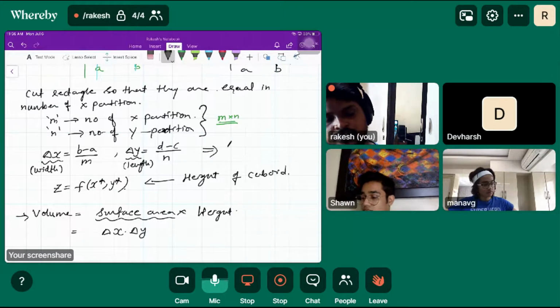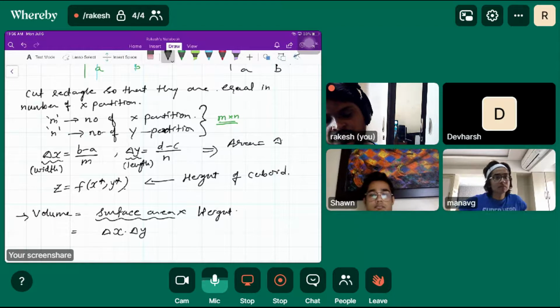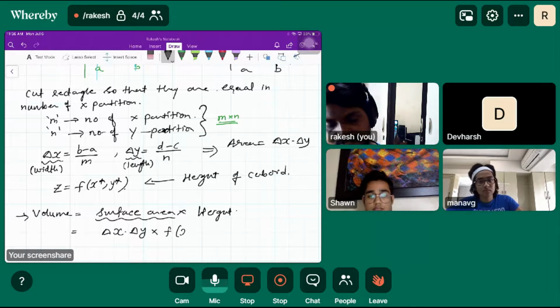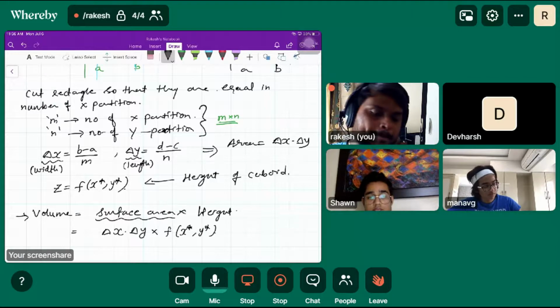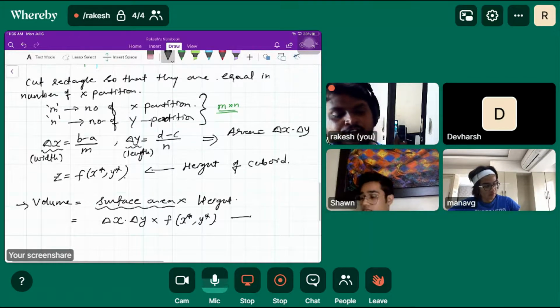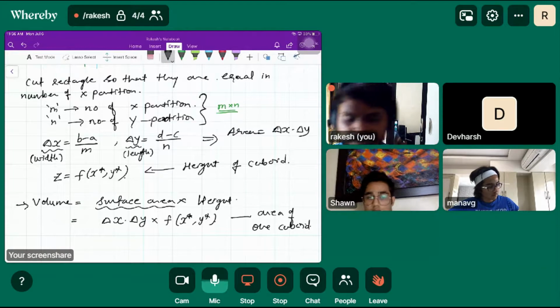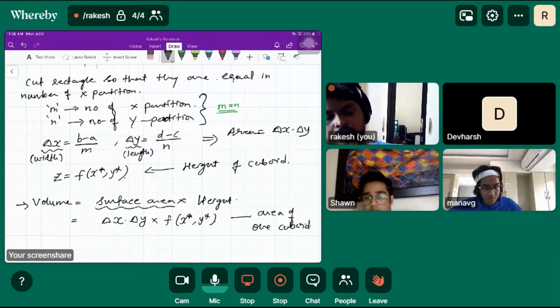Here also you can find the area directly: area is equal to del x into del y. So del x into del y into height. What is the height? Height is f of x star comma y star. So this is the volume of one cuboid. What would be the, not area, sorry, volume of one cuboid?